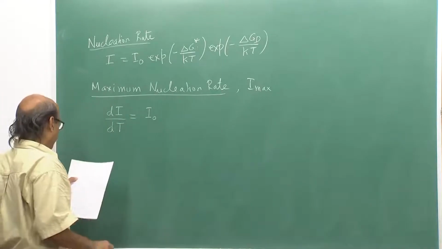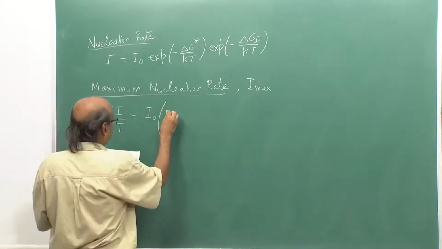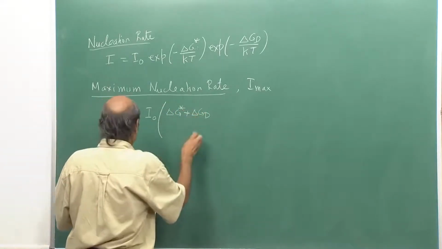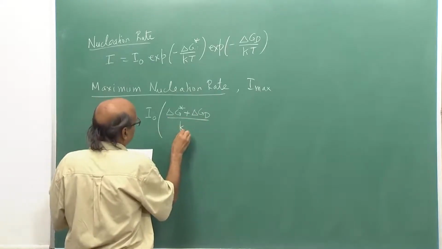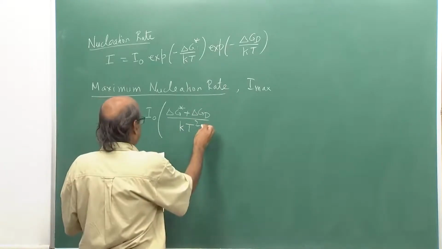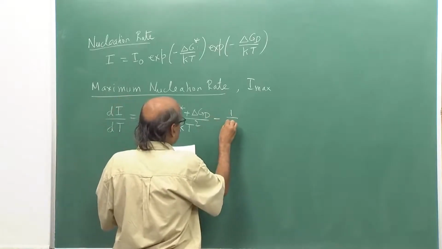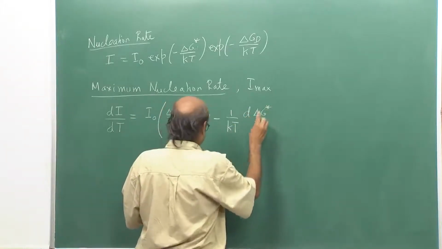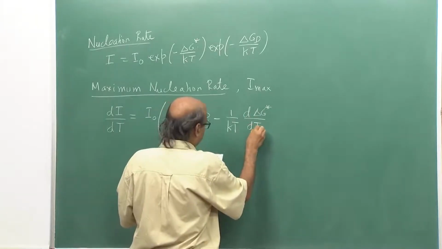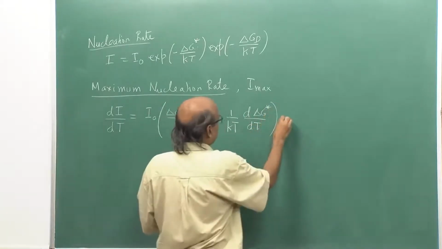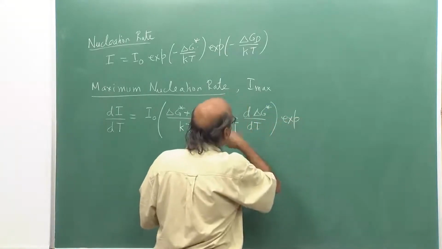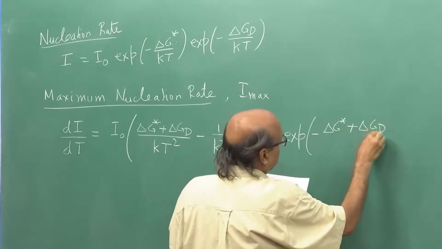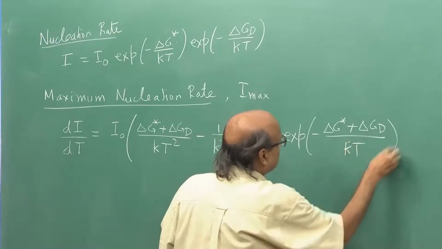dI by dT will become I naught times (delta G star plus delta GD) upon kT square, minus 1 upon kT times d delta G star upon dT, times exponential of minus (delta G star plus delta GD) upon kT.